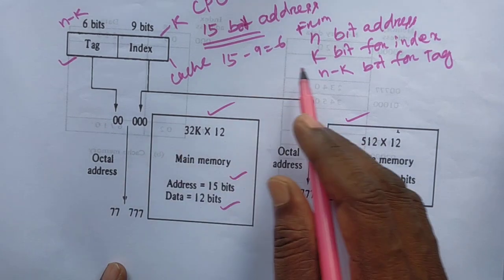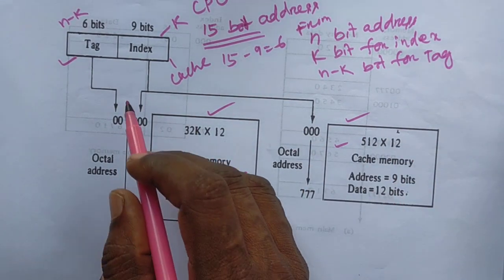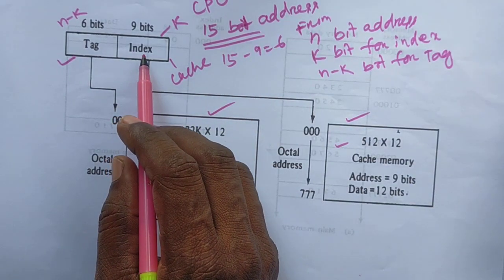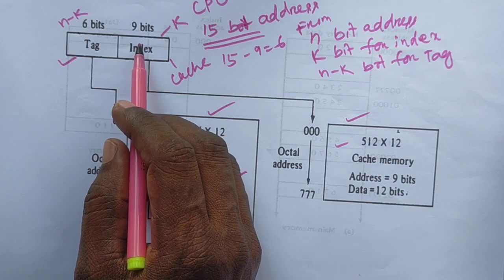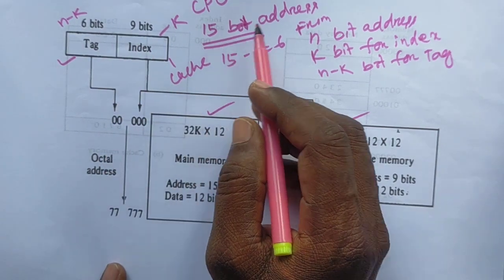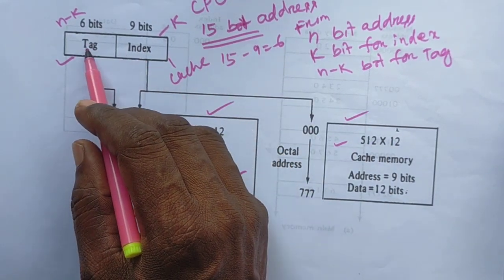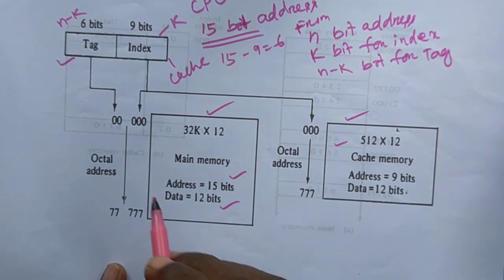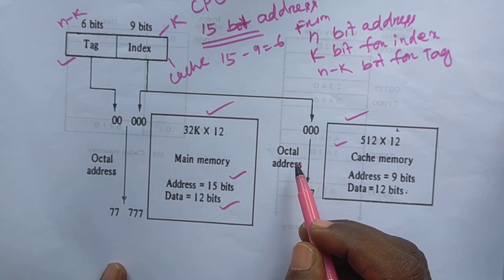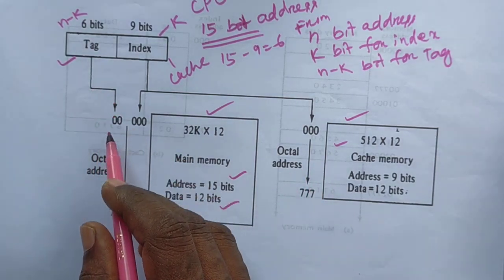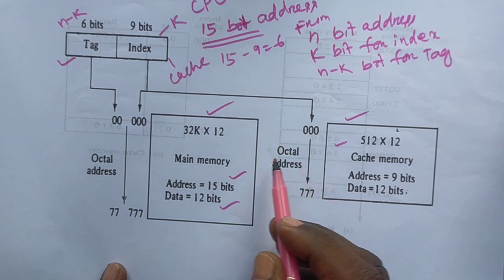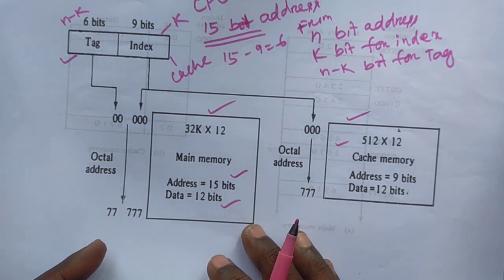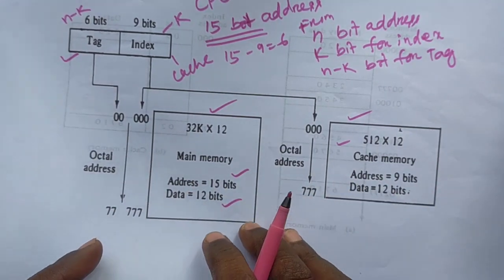So in a very simple way, the 15-bit address has one part as the index part and another part as the tag part. The index part is 9 bits and the tag is 6 bits. The index selects the location, and we just compare the tag. Through the tag we can find out whether the data is available in cache memory or not.